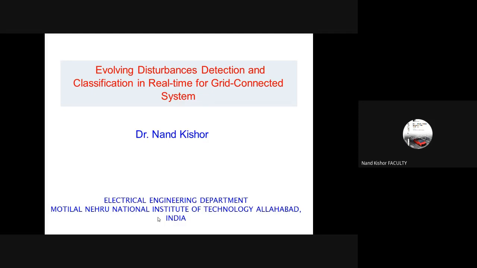And we moved to real-time detection, because in the earlier session which I discussed, all those analyses and studies were offline analysis, but in this part what I will discuss is real-time analysis. We have more critical issues, and thus the topic of the talk which I have referred to is evolving disturbance.